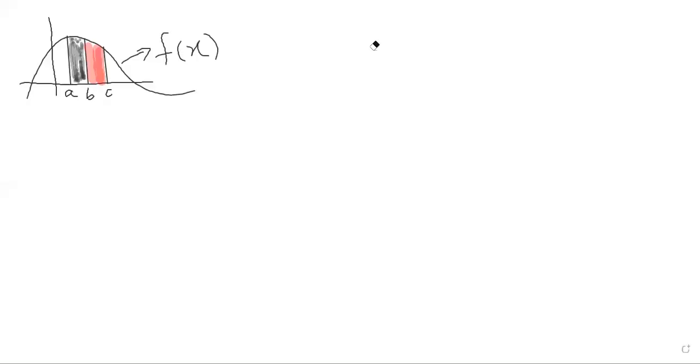Now, the final result which I'm telling you. Let's say I'm integrating from a to b f of x dx, and after that, I add b to c f of x dx. Okay, this bracket has nothing to do.